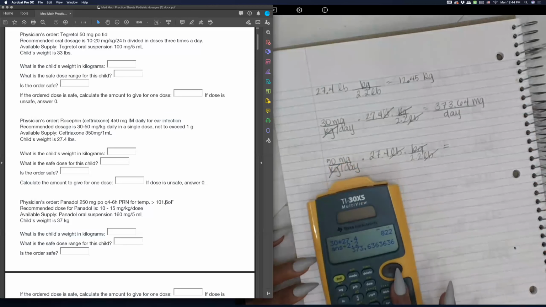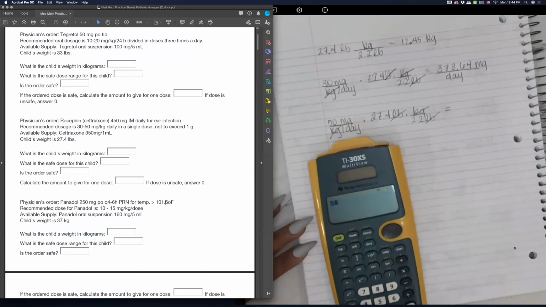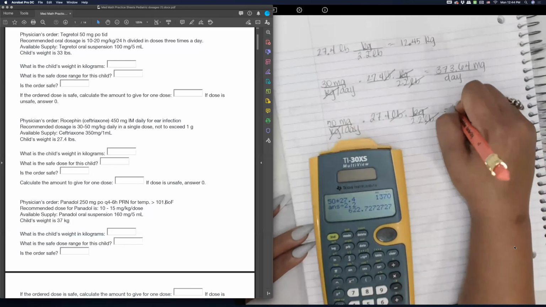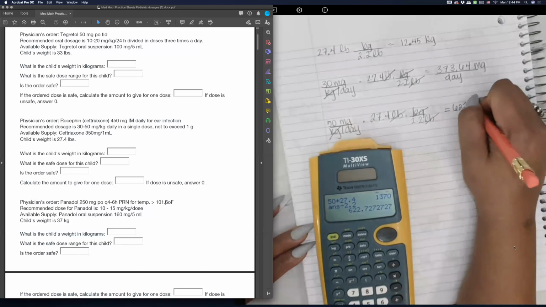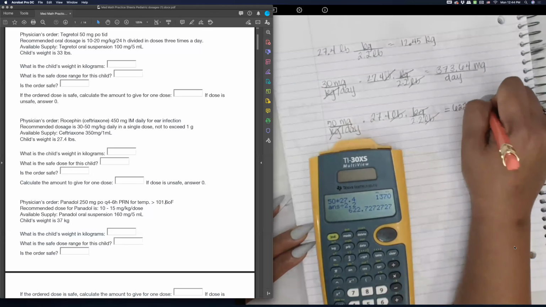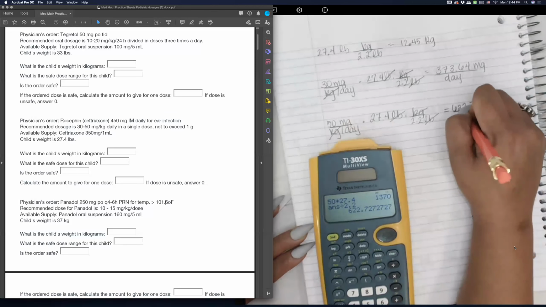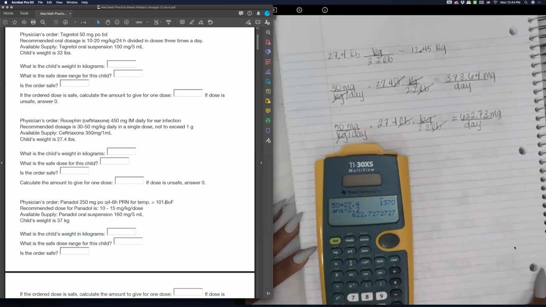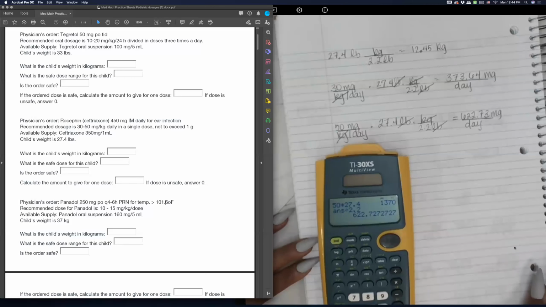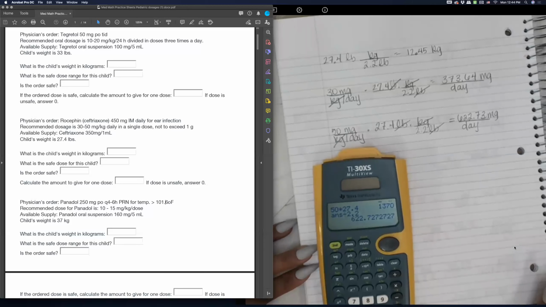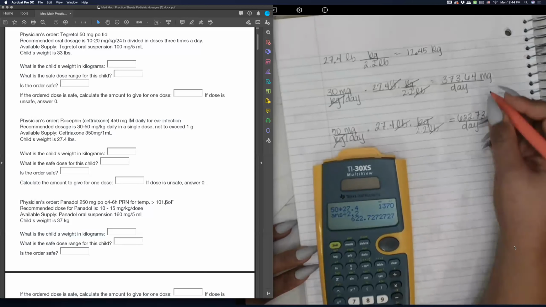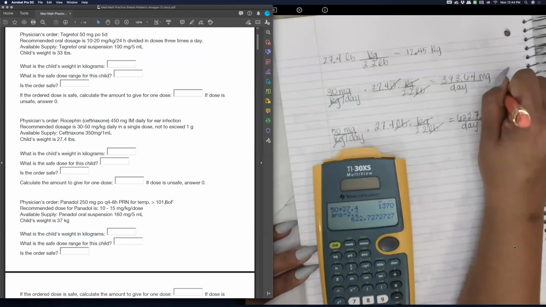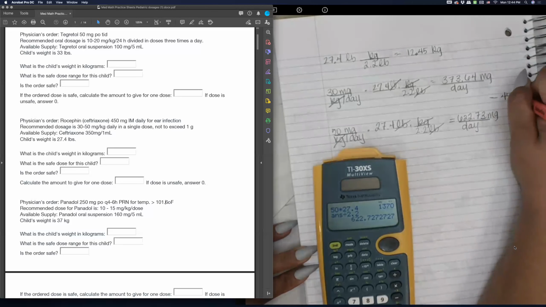And our high end of our range is going to be 50 times 27.4 divided by 2.2 gives us 622.73 milligrams per day. Okay, the physician's order was 450 milligrams IM daily, so that 450 milligrams would be within our safe and therapeutic range.